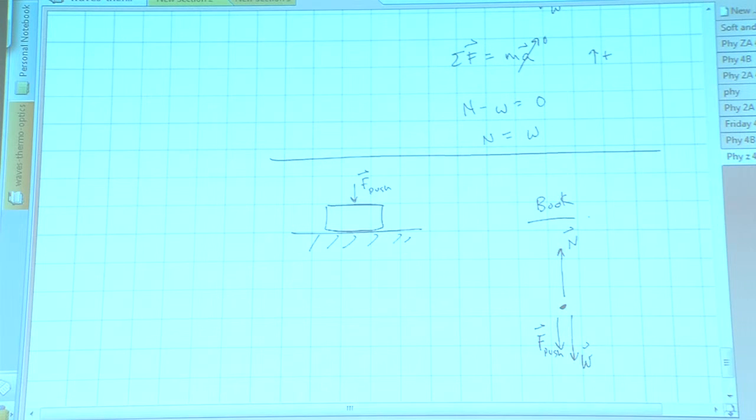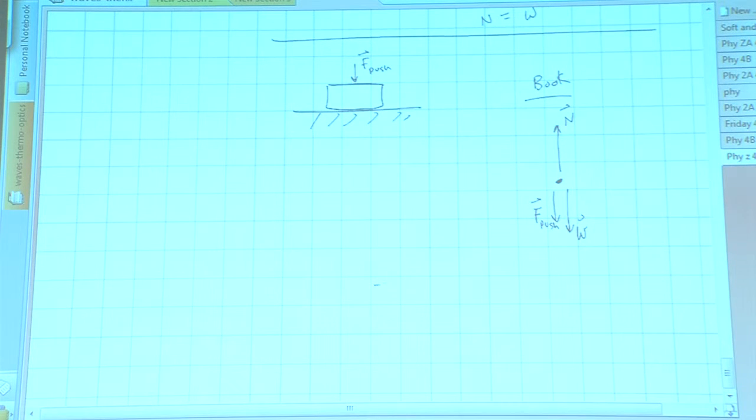Is that right? Okay. So now let's apply Newton's second law. Sum of the forces has to equal the mass of the book times the acceleration of the book. We'll call up positive. What's the acceleration of the book? 0. Right? It's not going anywhere. It's at rest.